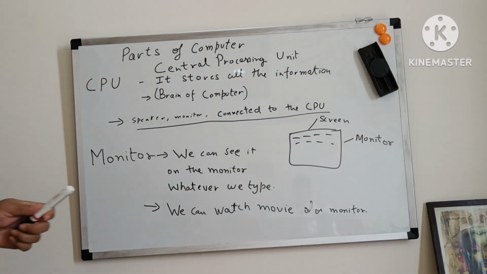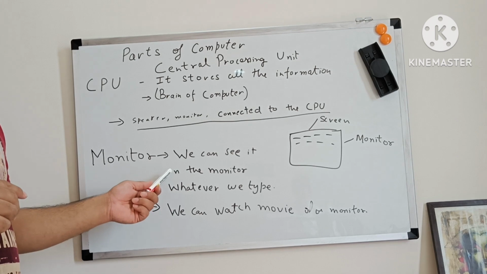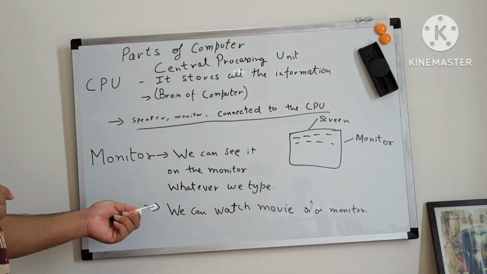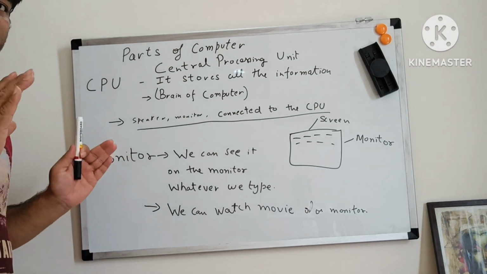So what we can do with the help of the monitor: we can see whatever we type, we can watch movies, we can draw, and whatever we draw, we can see it on the monitor.